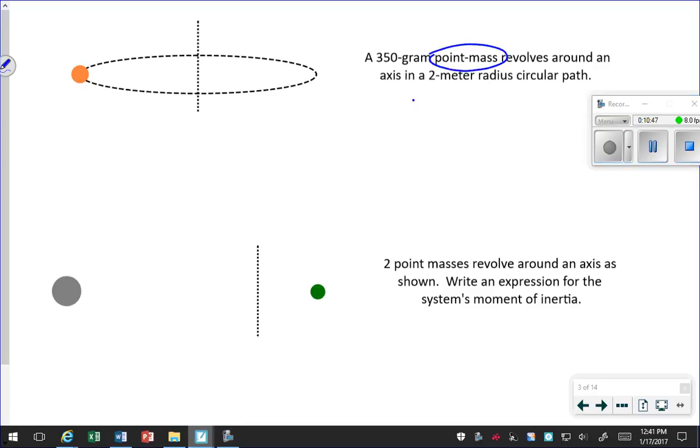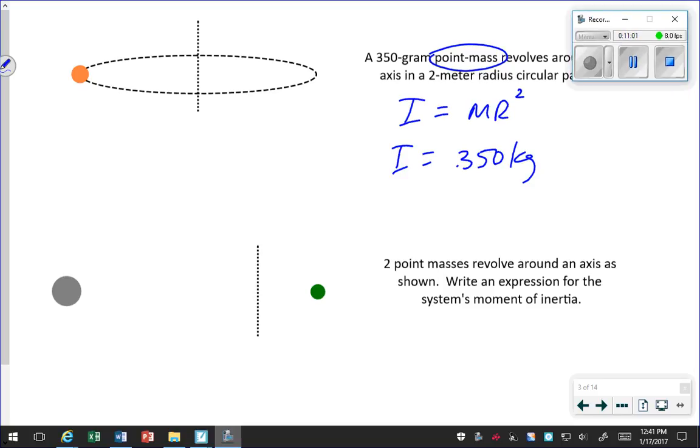So this thing's moment of inertia is just m r squared, and that's 350 grams, all right, well, I can just leave that and turn it into this times 4 square meters, 2 meter radius. So that, of course, I is 1.4 kilogram meter squared. Sure.